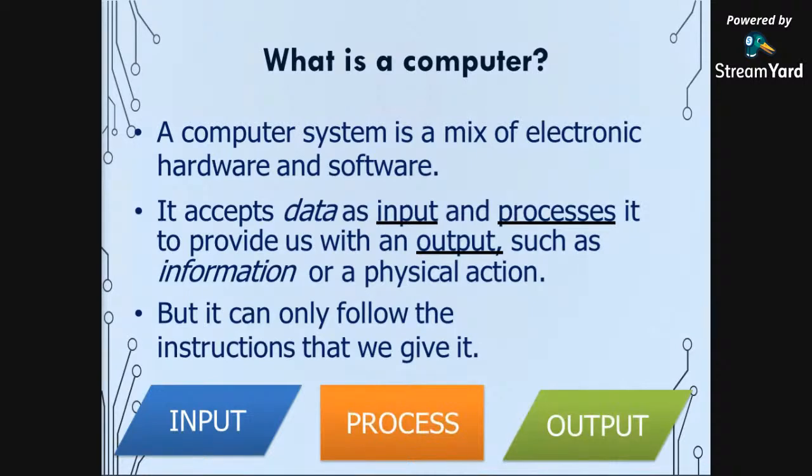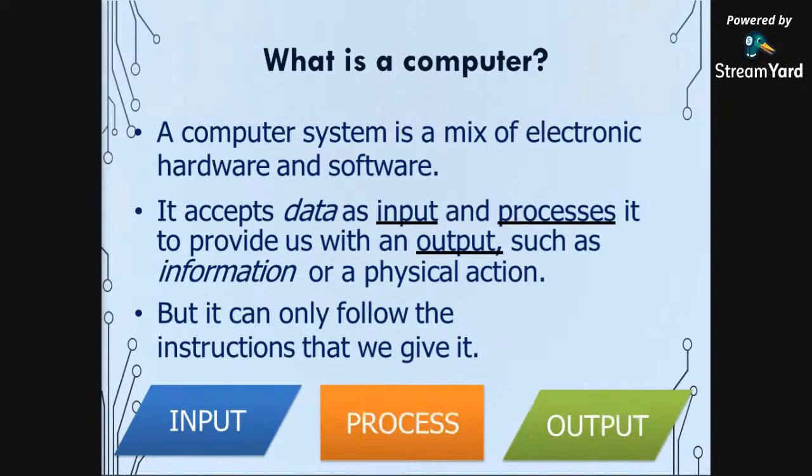Or say if the input was a hot stove, we touch a hot stove, the input would be feeling the heat, process that information, oh, that's hot, I shouldn't be touching it, and the output is that you jerk your hand back. That's the same idea. So as I've mentioned before, our brains work as computers as well. But computers, any computer, input, process, output. That's the important thing you need to remember.